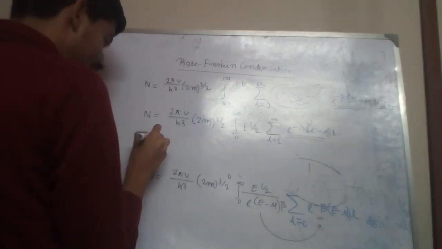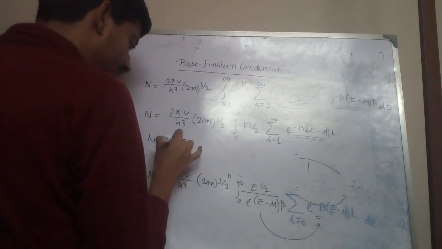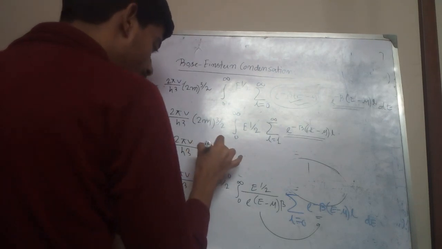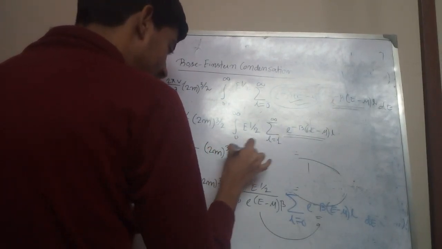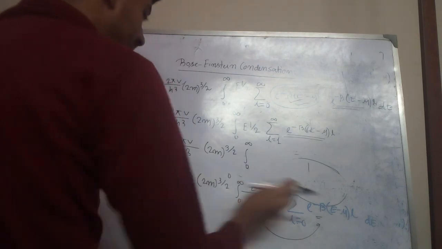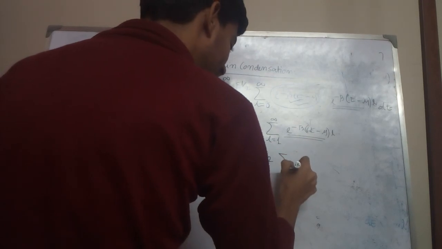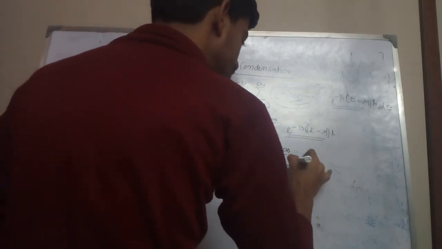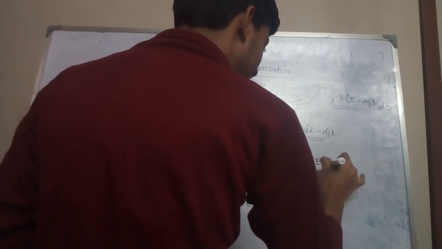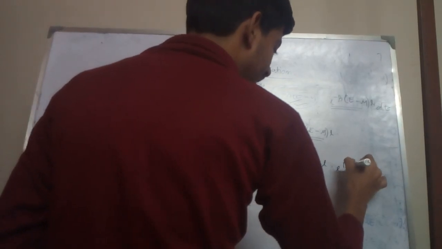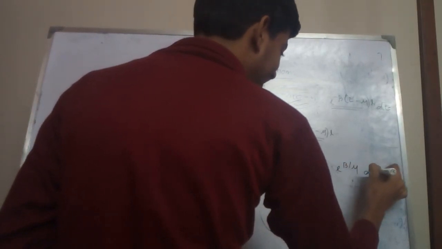So N equals 2 pi V by h cubed (2m) to the power 3 by 2, integral from 0 to infinity, epsilon to the power half. We simply multiply these two terms, e to the power minus beta L epsilon into e to the power beta L mu, d epsilon.